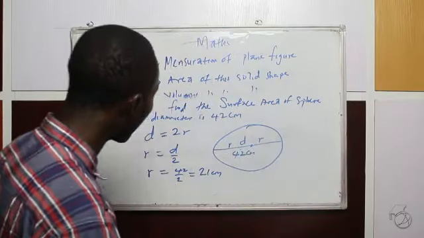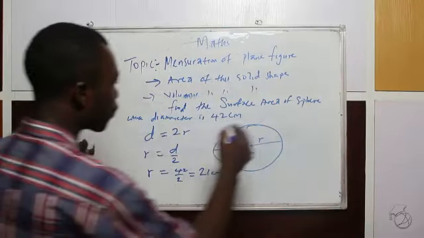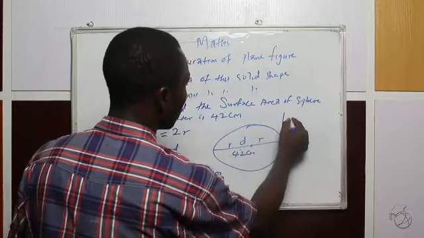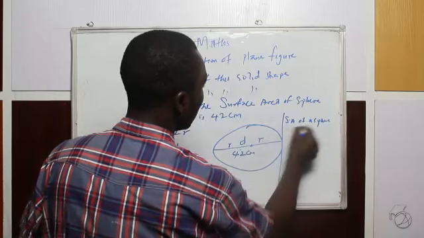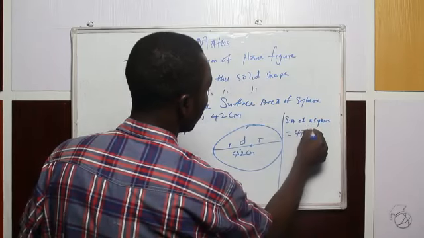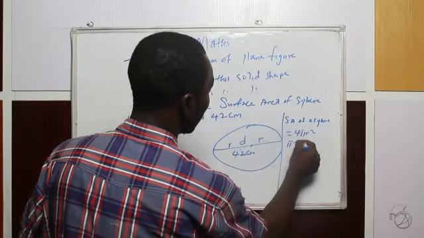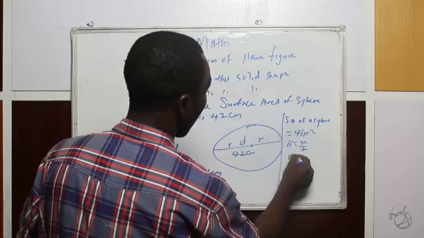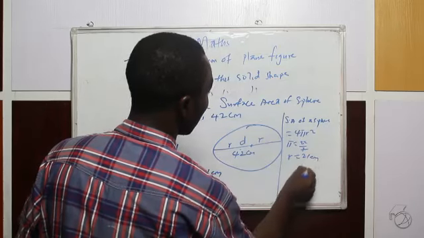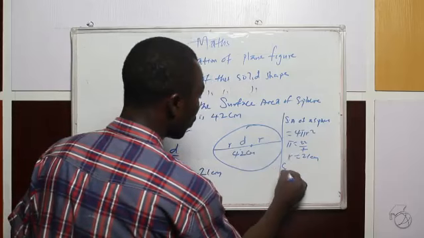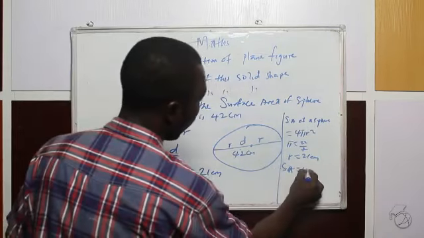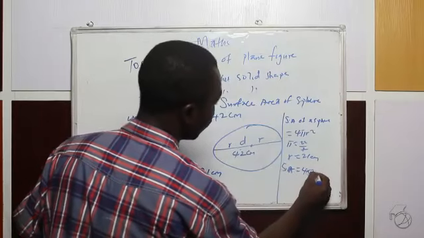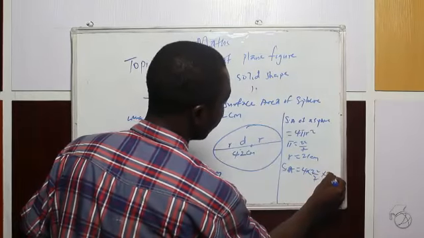Now, how do we find the surface area of a sphere? I told you earlier on that the surface area of a sphere is given as 4 pi r squared. Our pi is equal to 22 over 7. Our r now is 21 centimeter. Let us substitute our values: 4 times 22 over 7 times 21 squared.